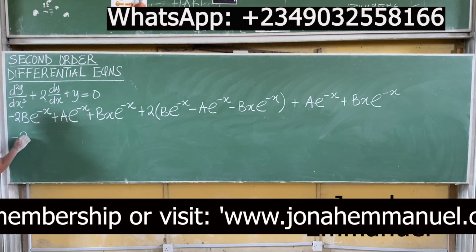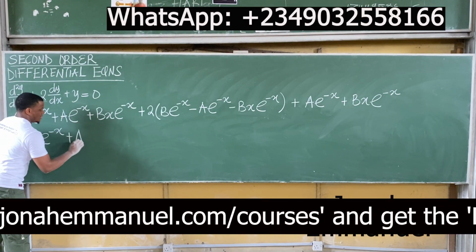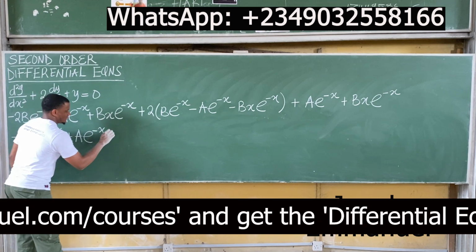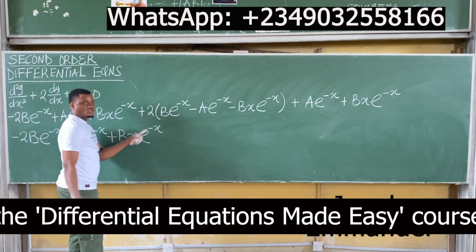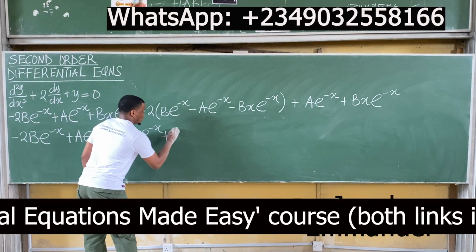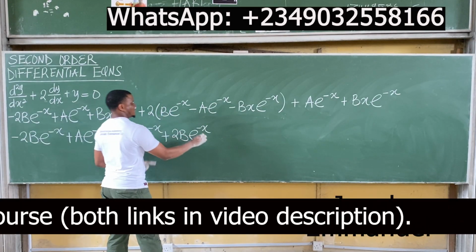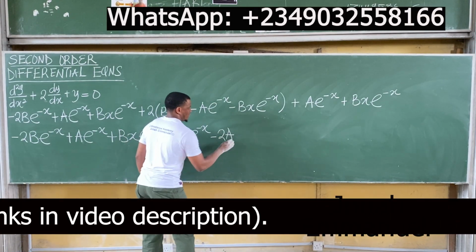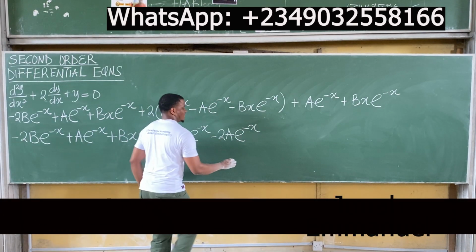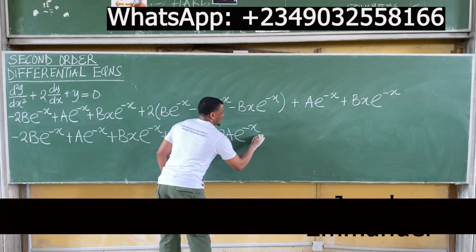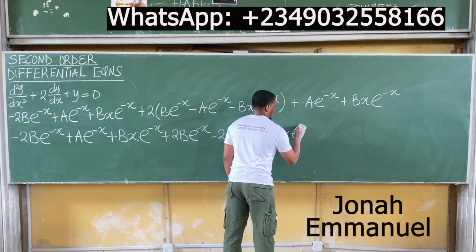This is minus 2b exponential minus x, this one here, plus a exponential minus x plus bx exponential minus x, used to expand this, plus 2b exponential minus x, this and this, minus 2a exponential minus x, this and this, minus 2bx exponential minus x.